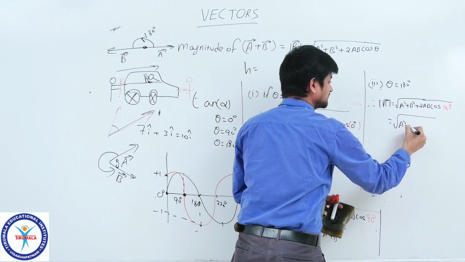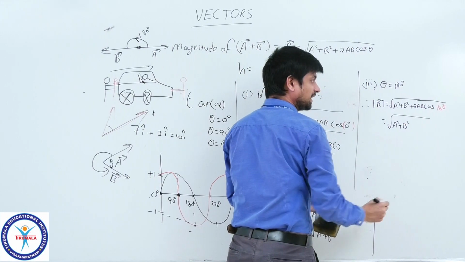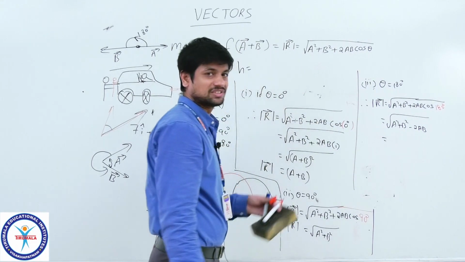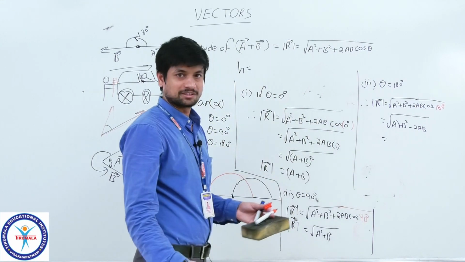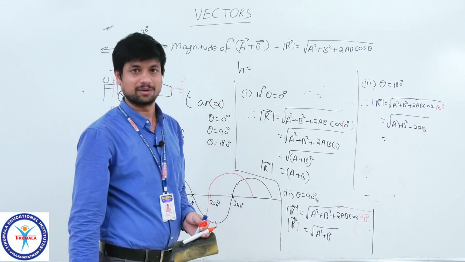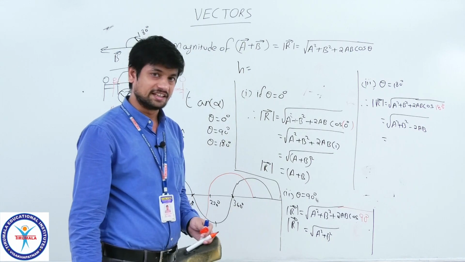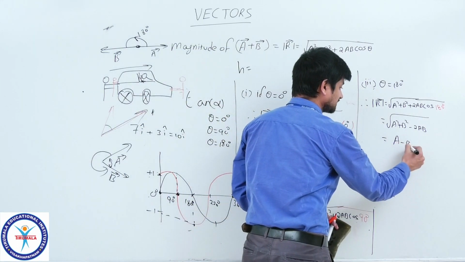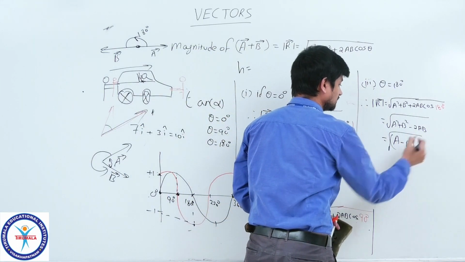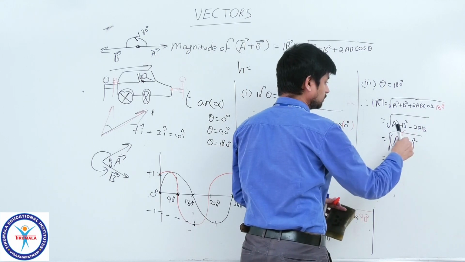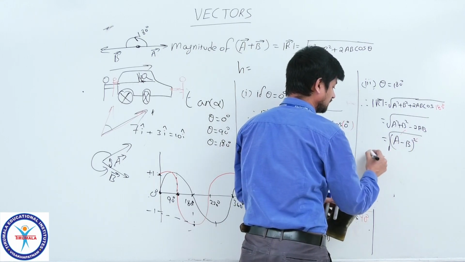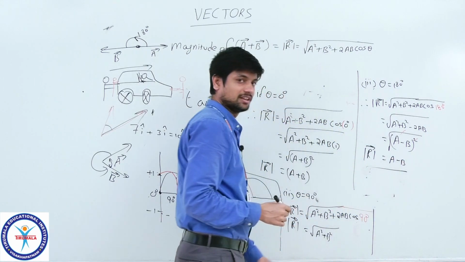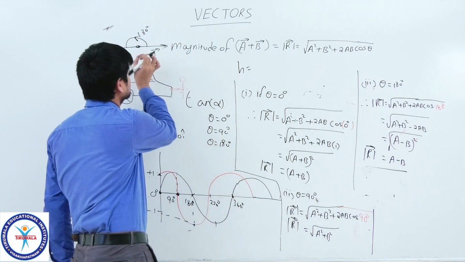A square plus b square, cos 180 value minus 1, so minus 2ab. Children, you have learnt this in your 6th class. A plus b whole square equal to a square plus b square plus 2ab, a minus b whole square equal to a square plus b square minus 2ab. So, this can be written as a minus b whole square, square root. So, square root and square can be cancelled, you will get modulus r equal to a minus b. So, simply just subtract.